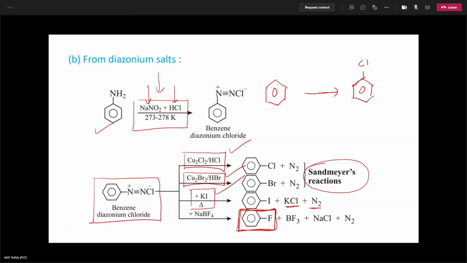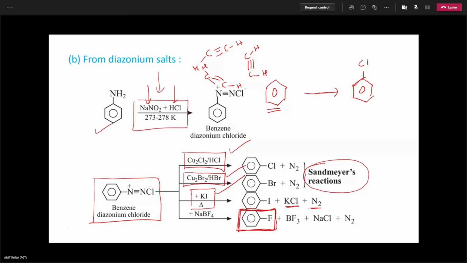Now, if the question asks, how will you prepare benzene from ethyne? Anyone remember this?